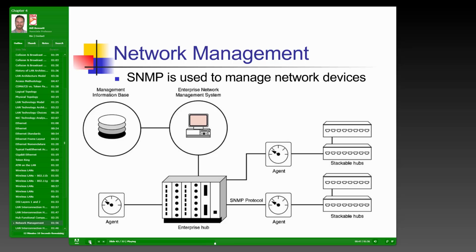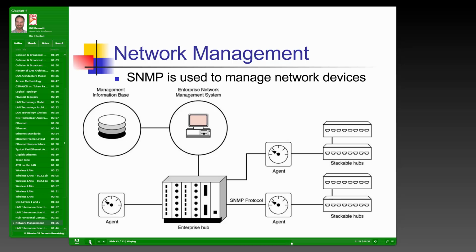And so the idea is that you have this management system, which is kind of right in the middle of this graphic, and that's just a computer running management software, and it connects to, in this case, the enterprise hub, and then also the stackable hubs on the right there are also connected through the enterprise hub to the management system. And a software component called an agent is really a signal or a message coming from the device that then gets received by the management system.